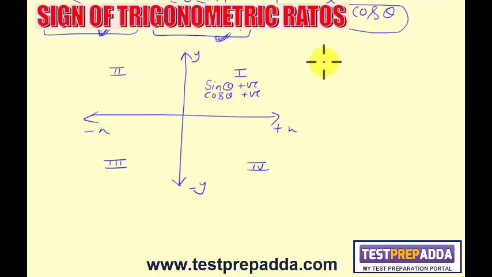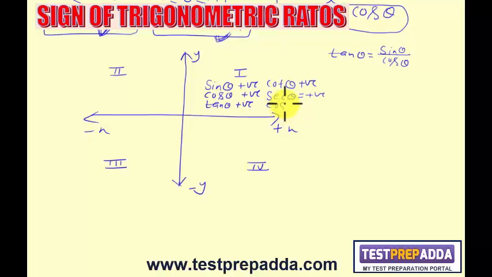And since tan theta is sine theta upon cos theta, if sine theta and cos theta both are positive, of course tan theta will also be positive, and cot theta is the reciprocal of tan theta, so cot theta will also be positive. Sec theta is the reciprocal of cos theta, which is positive, so sec theta will also be positive.